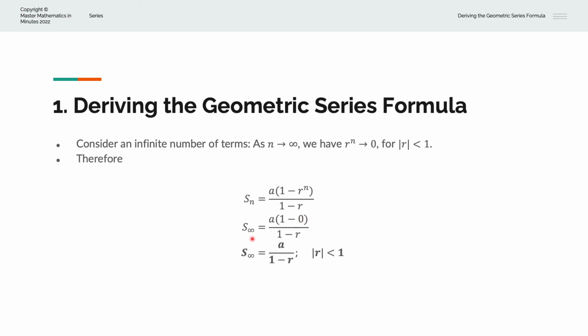And n is now infinity because we're summing across an infinite number of terms, and all of the other terms remain the same from the prior equation. And simplifying that, we have S infinity equal to a divided by 1 minus r, provided that the absolute value of r is below 1.